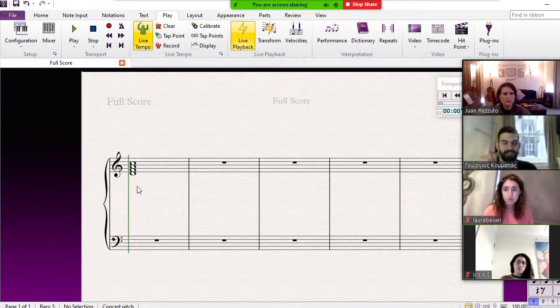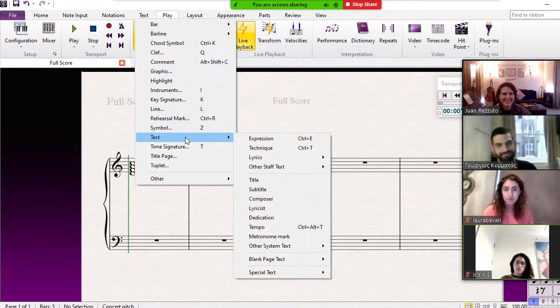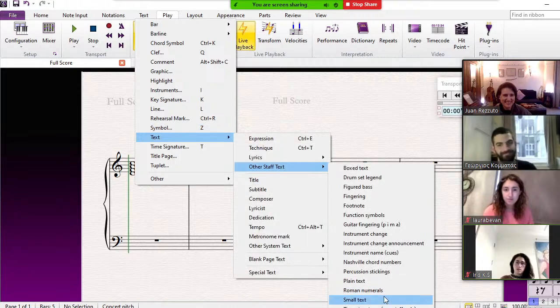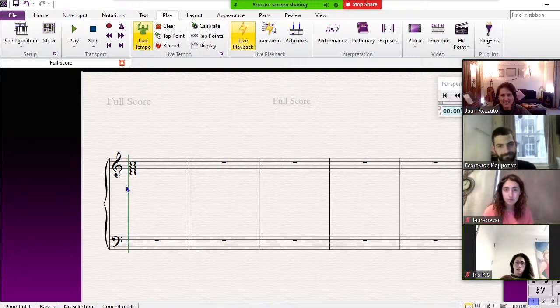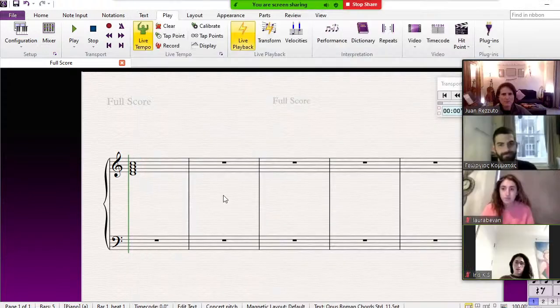Yes, Georgi. 7. Not that complicated, right? This didn't have any hidden messages. Yes. The 7.